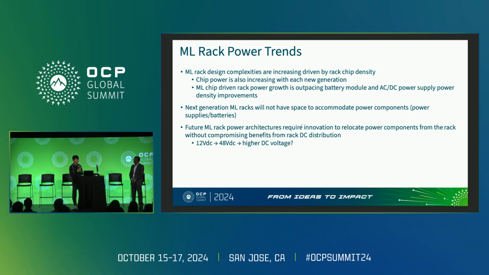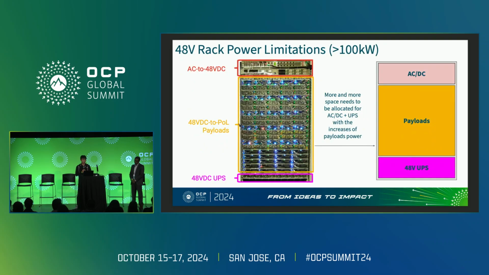Because of this, based on our projection, the existing 48 volts power system cannot support future ML applications. And we really need to innovate together and drive changes in order to support the future generation of ML racks.